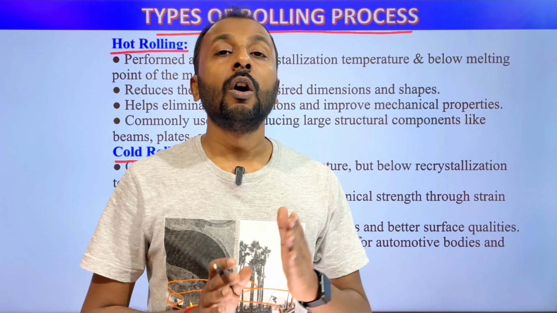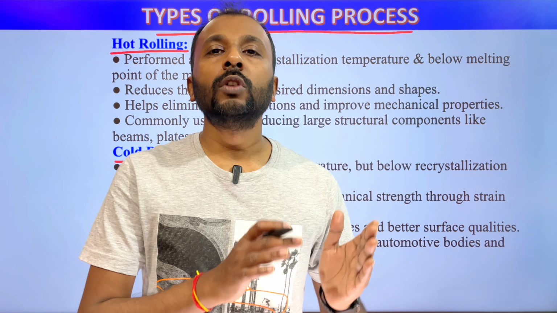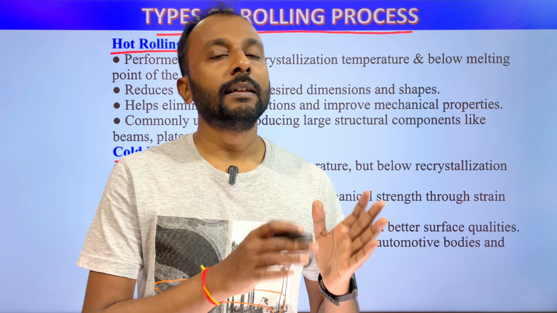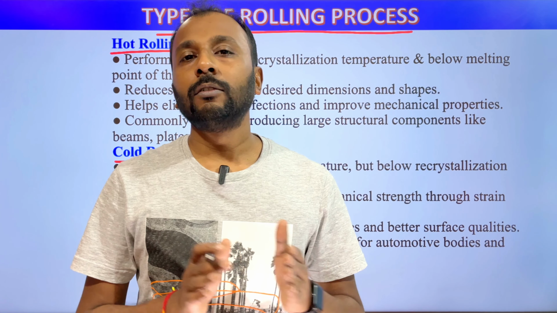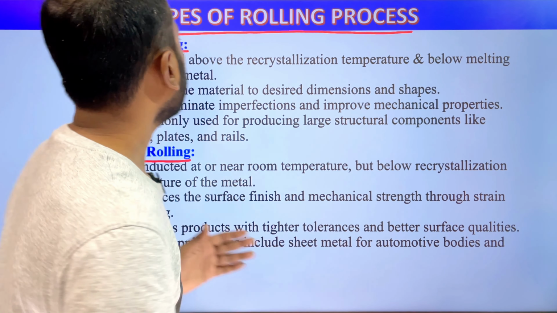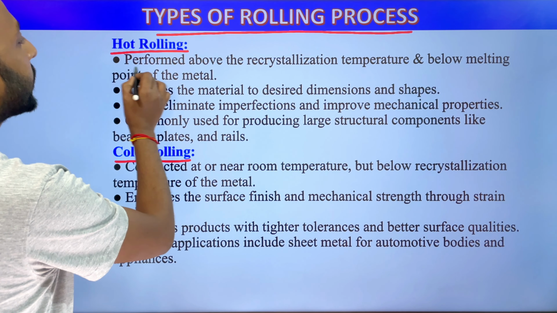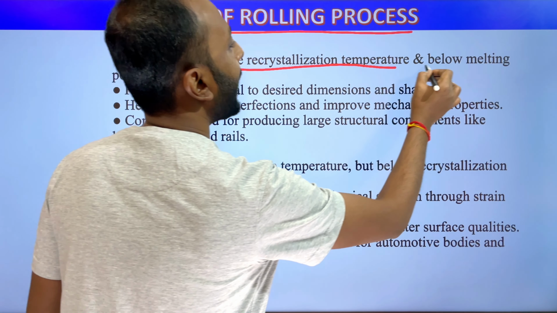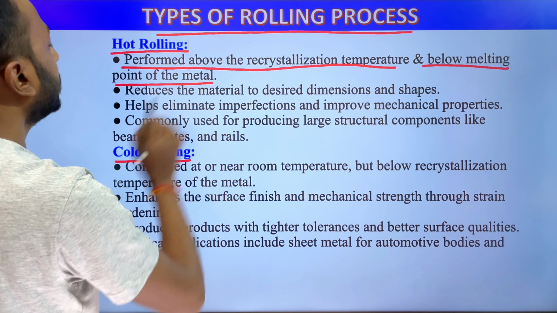The effects of hot rolling and cold rolling are like the effects of hot working and cold working respectively. Hot rolling is performed above the recrystallization temperature and below the melting point of the metal.